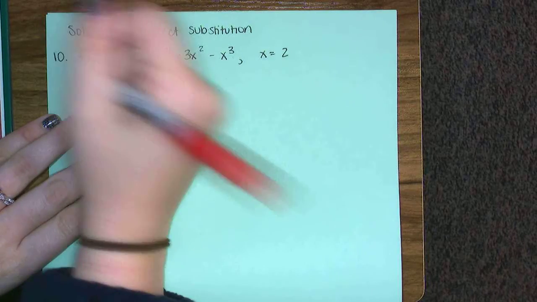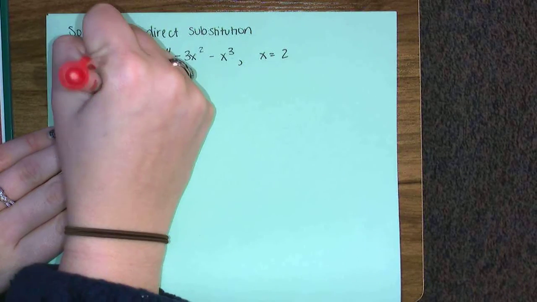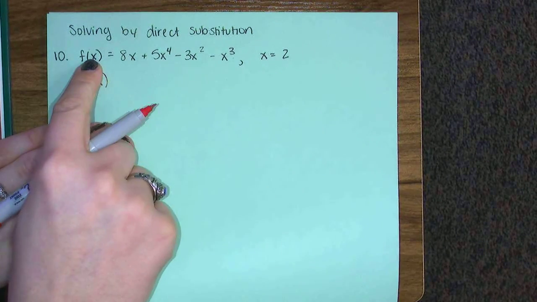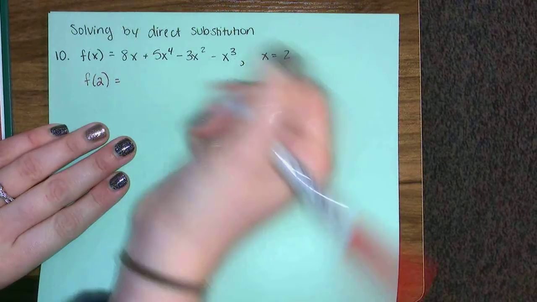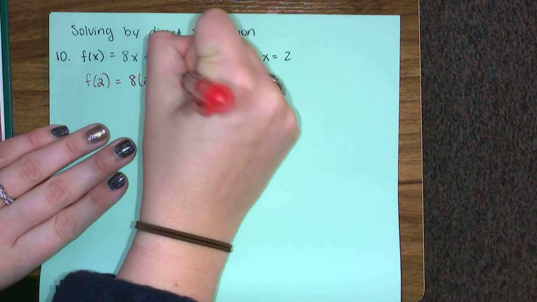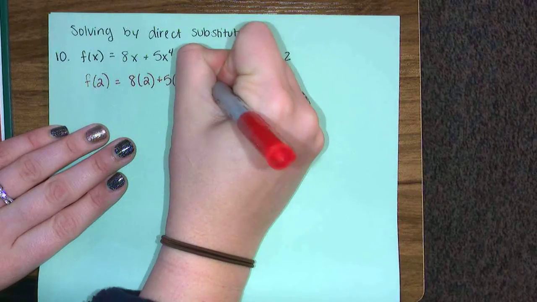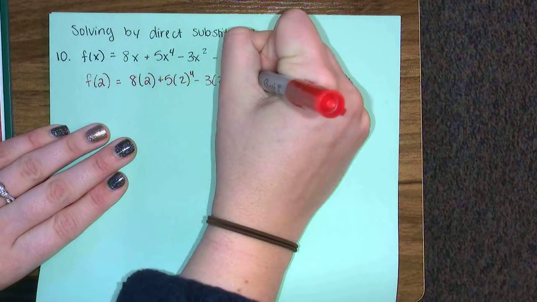It doesn't really matter for these ones if it's in standard form or not. So f of 2, because 2 is going in for x, is equal to 8 times 2 plus 5 times 2 to the fourth minus 3 times 2 squared minus 2 cubed.